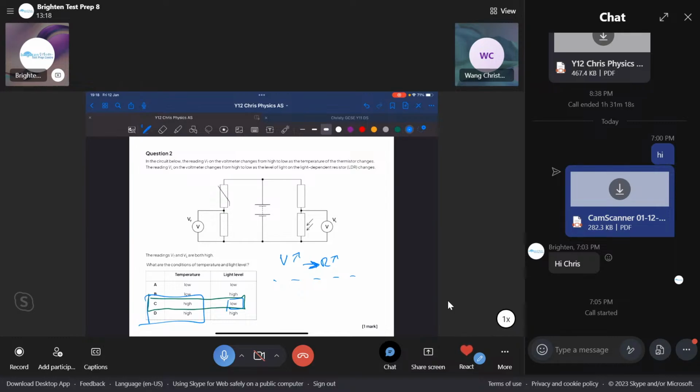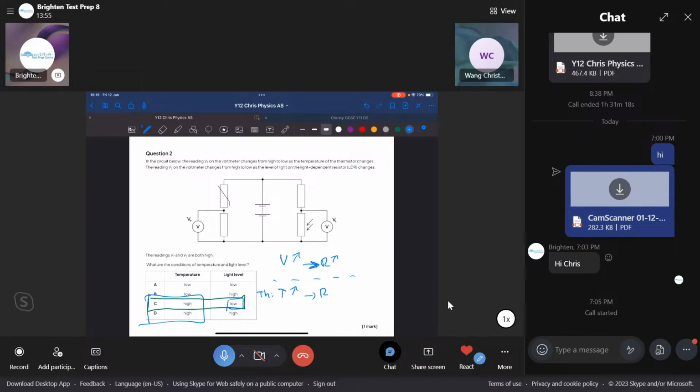And then we said, okay, the thermistor, the key point here is if the temperature goes up, what is the resistance of the thermistor? Ah, sorry, not the voltage. Temperature goes up for the thermistor. What did you say correctly happens to the resistance?